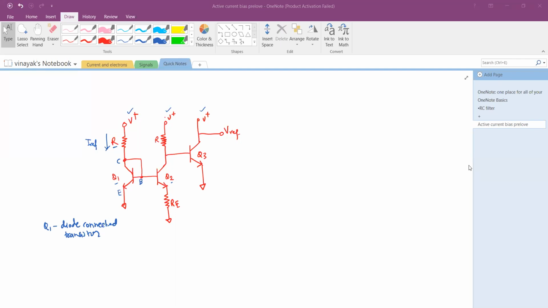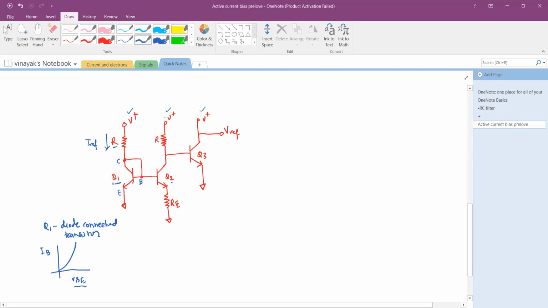When we say it is diode connected, it's a PN junction and it has characteristics like IB versus VBE, and this is how the current in transistor Q1 will vary. It has an exponential relationship with the base emitter voltage.